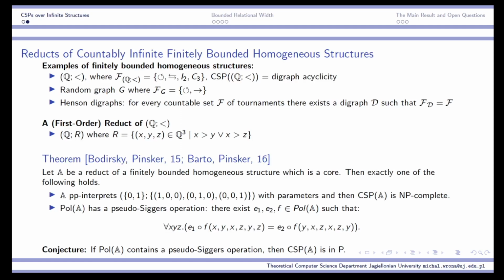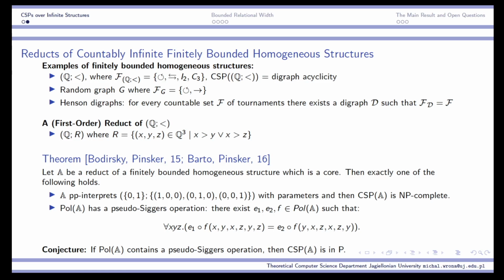So basically one can think of two ways of proving it. The first one, which worked in similar cases, is to reduce this problem to the dichotomy for finite structures, and it can sometimes be done, for instance when the pseudo-Siggers operation is so-called canonical.